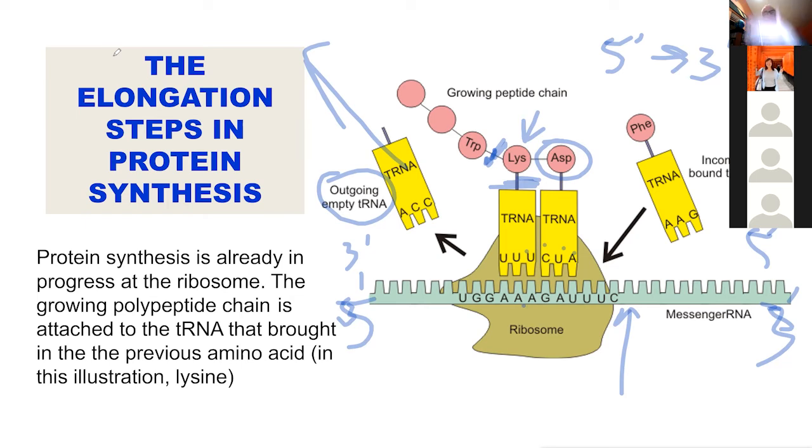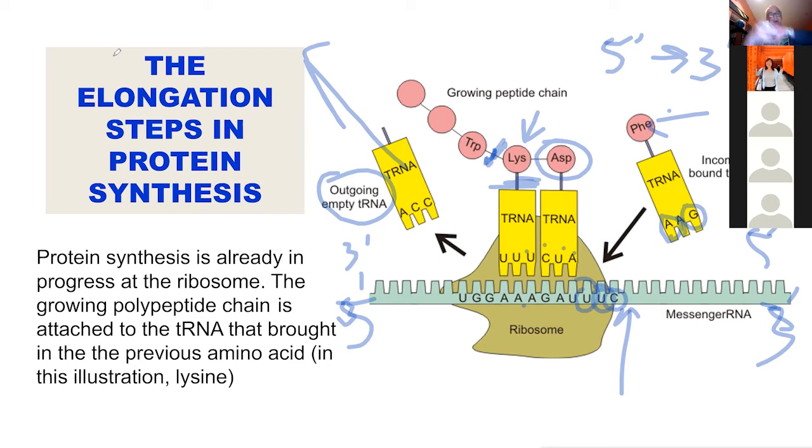And we just keep adding them on one after another, looking for the next triplet set of codons. So the next one would be UUC, and that would correspond to GAA, or phenylalanine. So that would come in next.